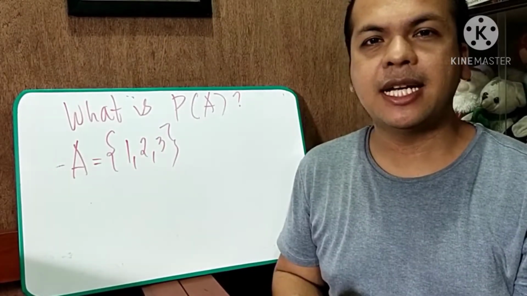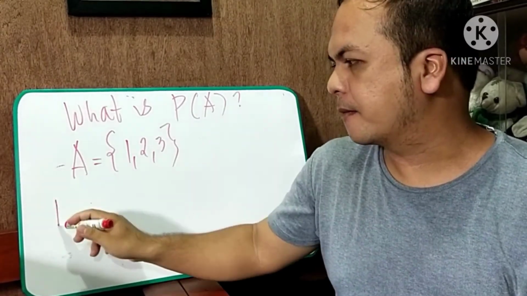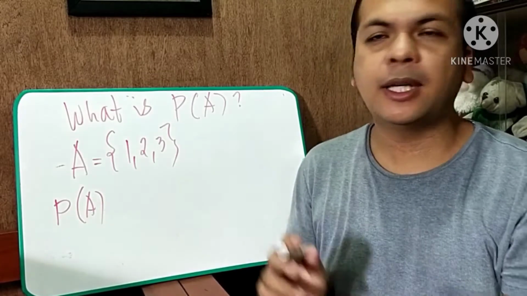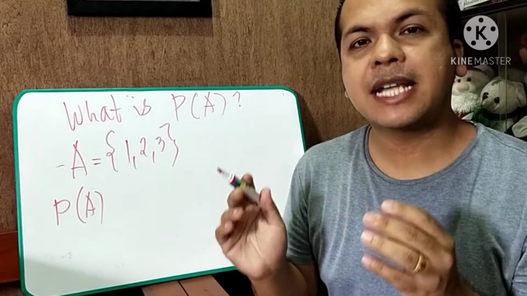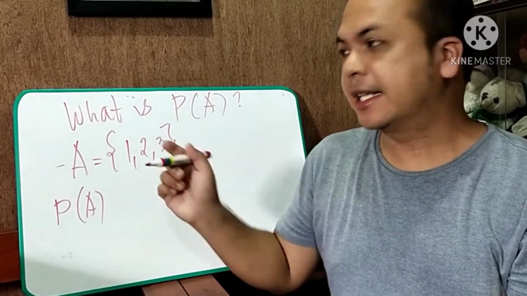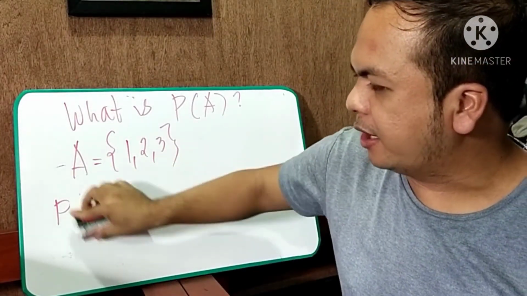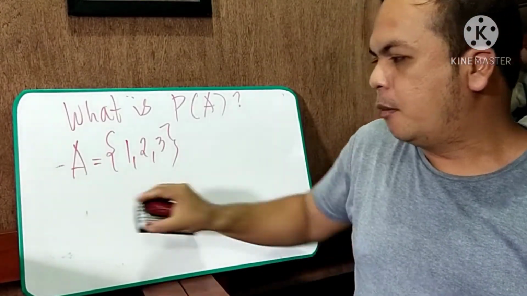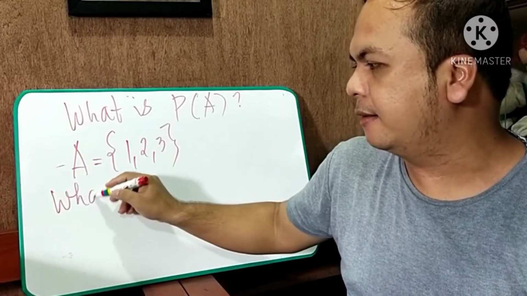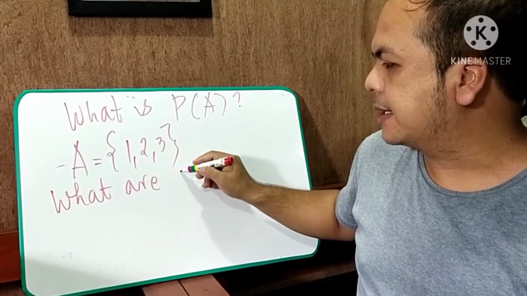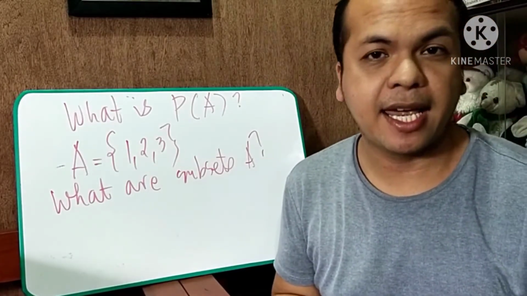Now, to determine the power set of A, we have to determine all the subsets of the given set A. So let's erase P of A for now, and what we will do is determine the subsets of the given set A.